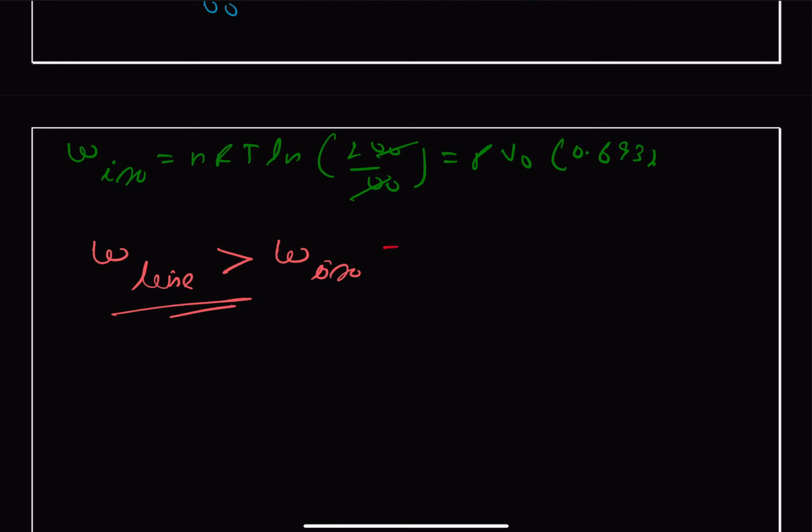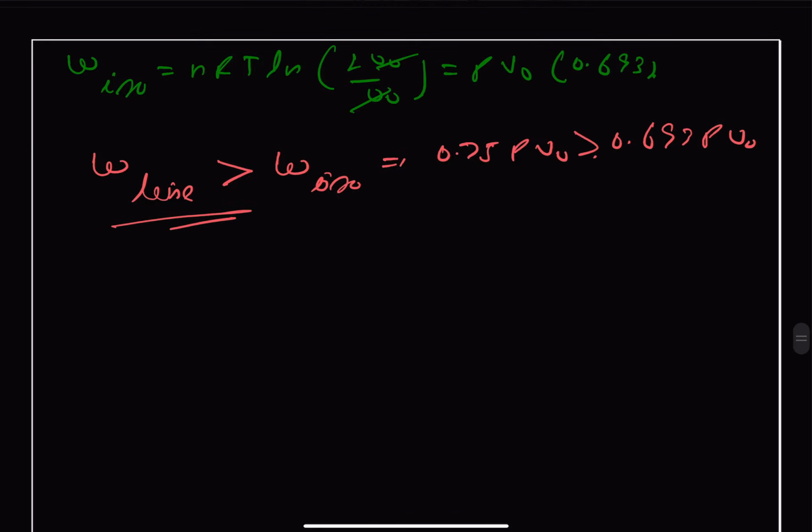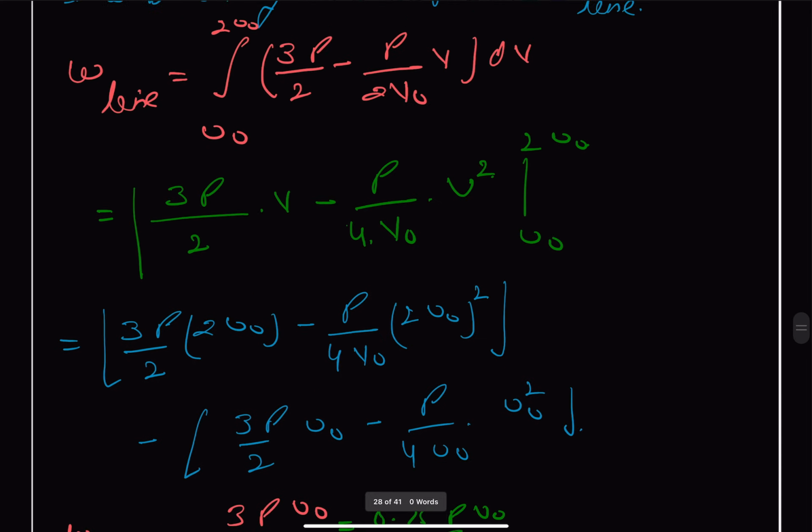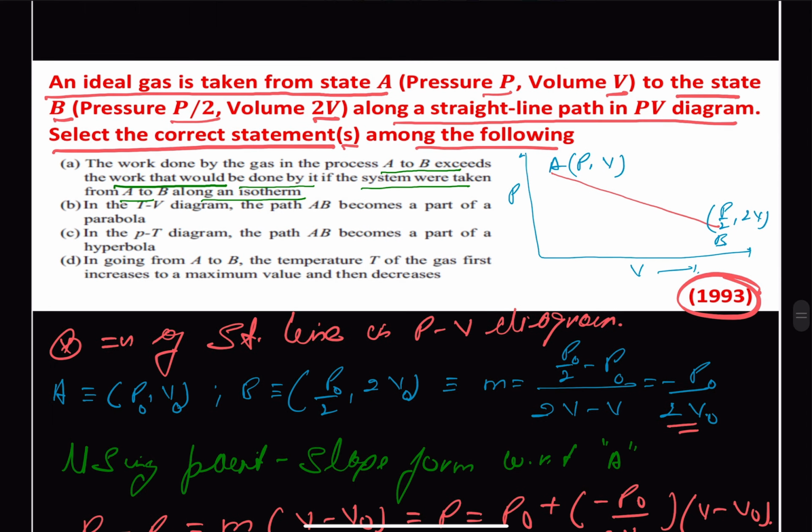From the values, 0.75 P V naught is not equal to but greater than 0.693 P V naught. So statement A is true.